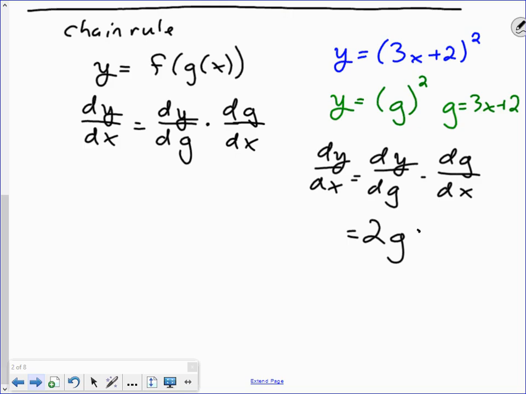And then dg/dx over here, we're going to have 3x plus 2. Derivative of that with respect to x is 3. Now, if g is equal to 3x plus 2, we can sub in 3x plus 2 for g, and we get our normal expression that we've seen when we've applied the chain rule in class. So this version of the chain rule with all of the d's in it is called Leibniz notation, and we're going to use this a little bit when we answer certain questions involving related rates.